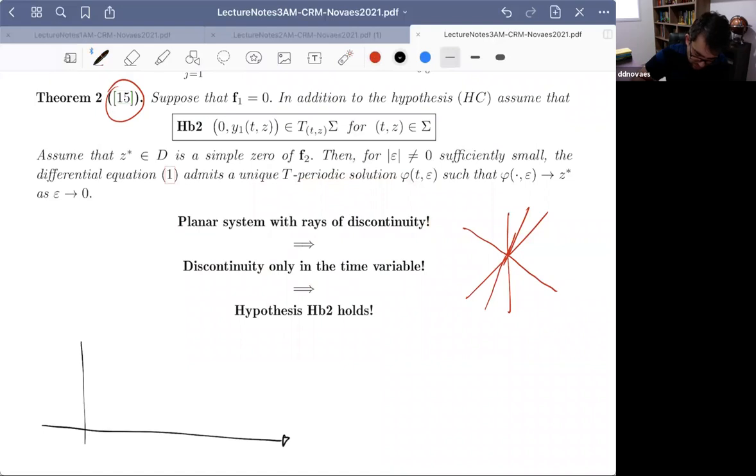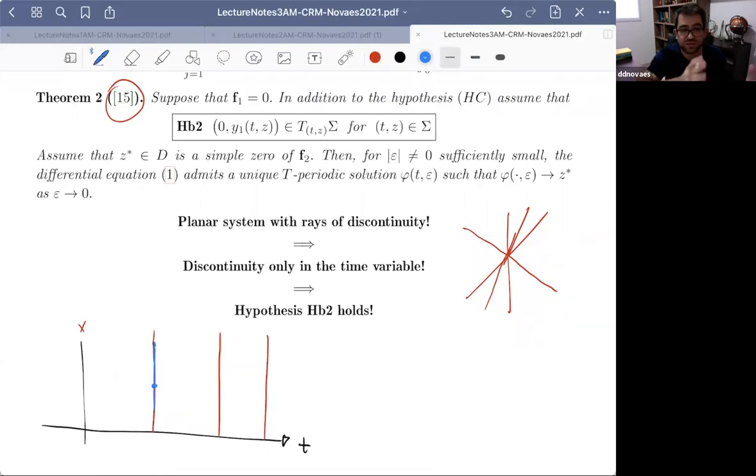Consider here the time variable and assume that the discontinuity is given only at the time t. So we do not have anything that varies also with the spatial variable. In this case, if we consider a point at the discontinuity set, since it's a straight line, the tangent space of this discontinuity set is the space itself, okay?